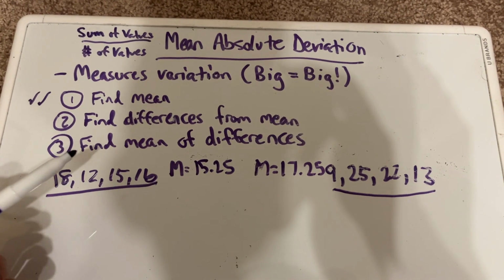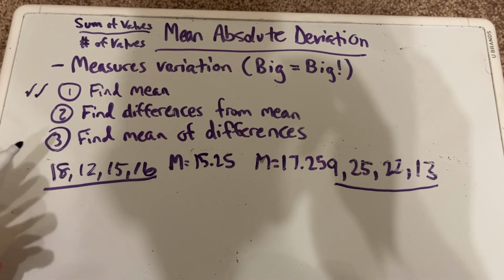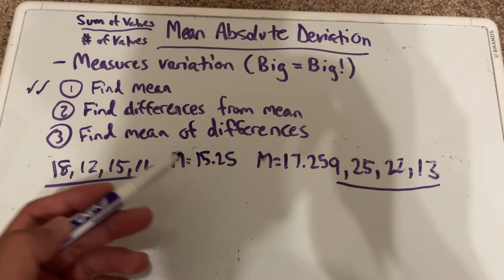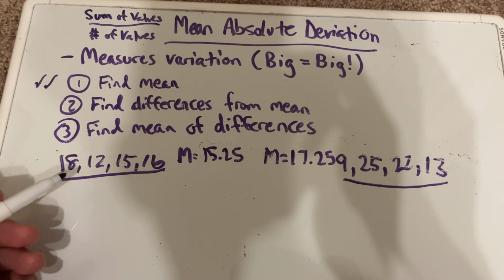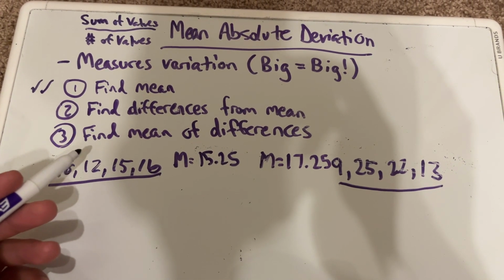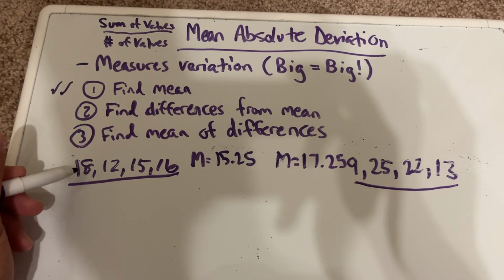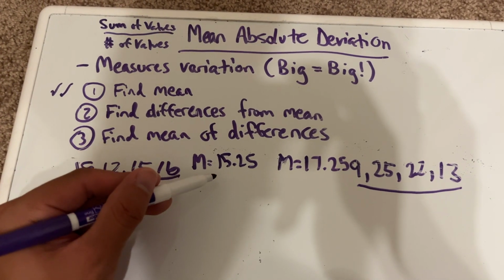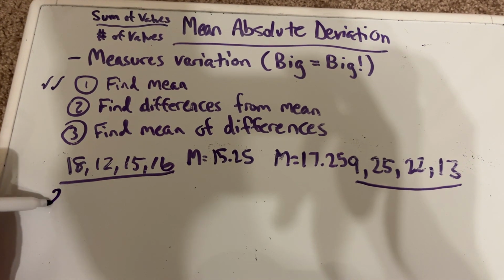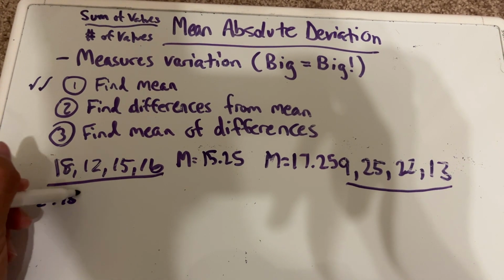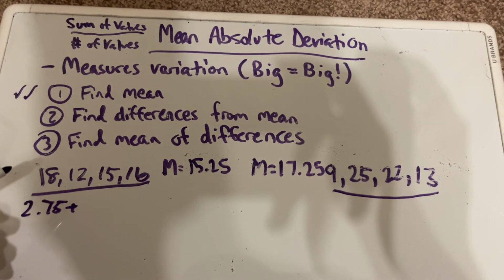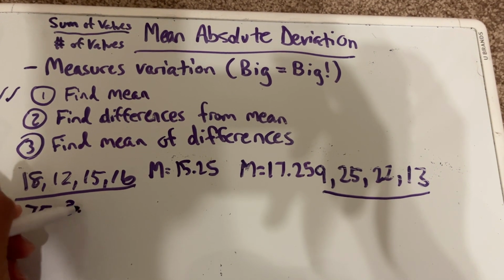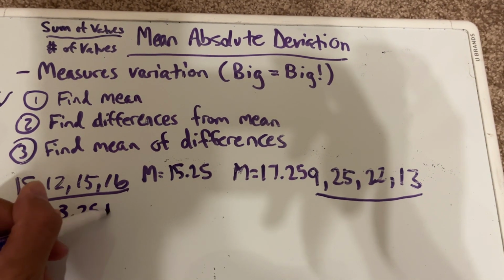So now let's find the differences from the mean. I want to compare each value to the mean and see how far apart it is. And I'm going to be finding the mean of those values. So the difference between 18 and 15.25 is 2.75. The difference from 12 to 15.25 is 3.25.